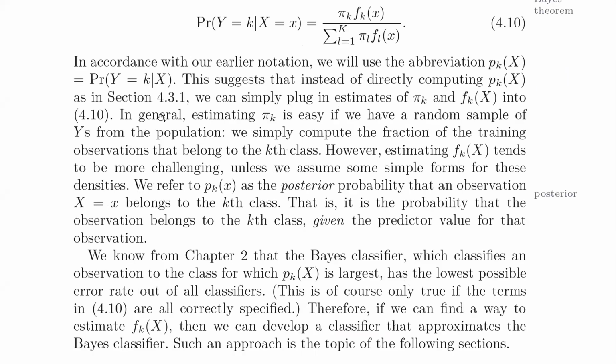In general, estimating pi k is easy if we have a random sample of y's from the population. We simply compute the fraction of the training observations that belong to the kth class. So that's very easy.